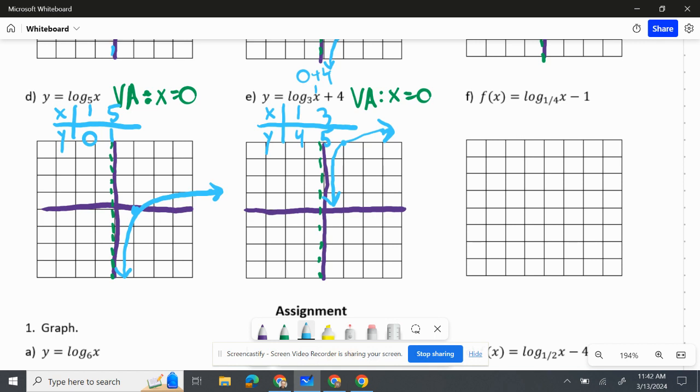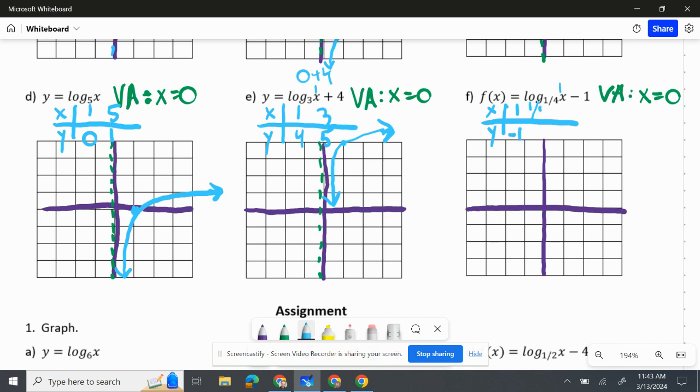And for our last one, we have our vertical asymptote at x is equal to 0. Then what we're going to do is we have our chart. We're going to pick 1 because the log of 1 is always 0. 0 minus 1 is negative 1.